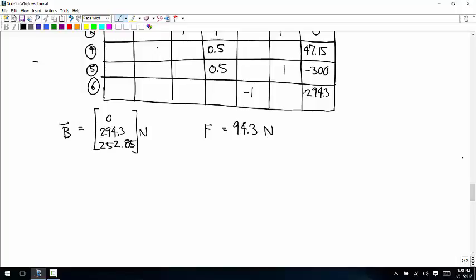These are both newtons. And the force A has no x component. Y component is 294.3. And the z component is -347.15.